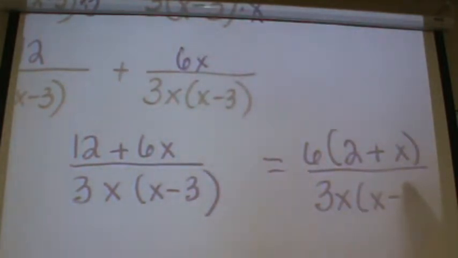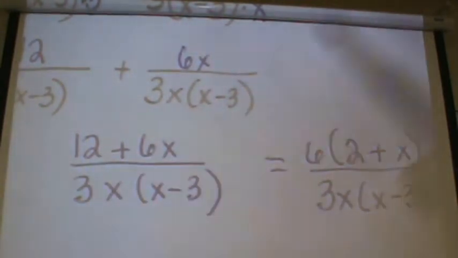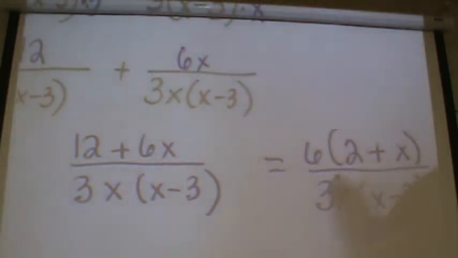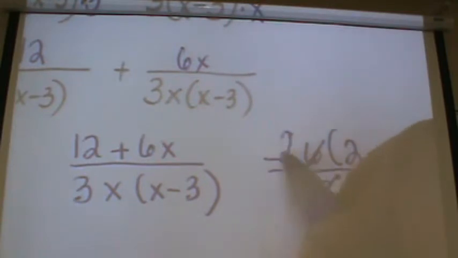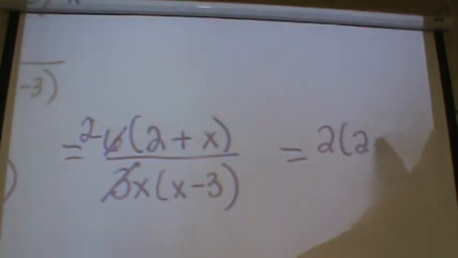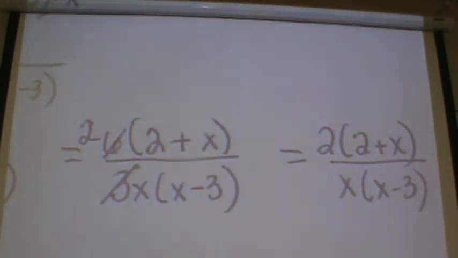Now you could write 6x plus 12 and then take the 6 out. Some people will do that. What can you cancel? Put 2 on top. 3 goes into 6 twice. Good enough.